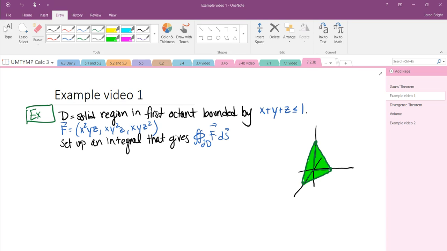I'm going to just verbally go through these. D is the region shown, so a solid tetrahedron. Sorry, D is a solid region.